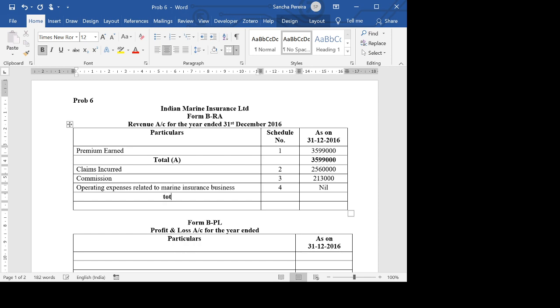So next we get the total of B of all the expenses, and the total of B comes to 25,60,000 plus 2,13,000 comes to 27,73,000. Then we get operating profit from marine insurance business.